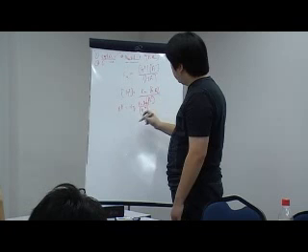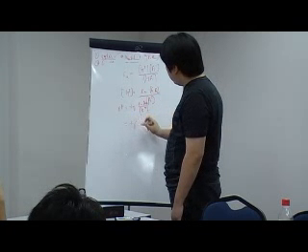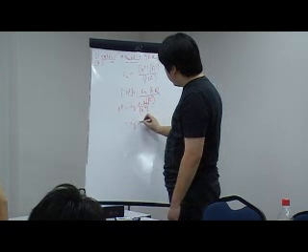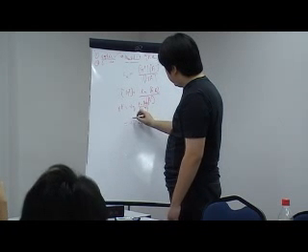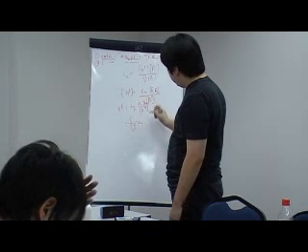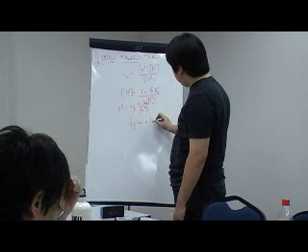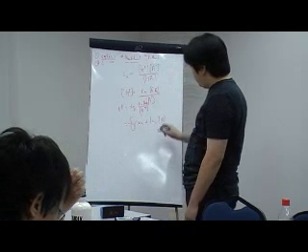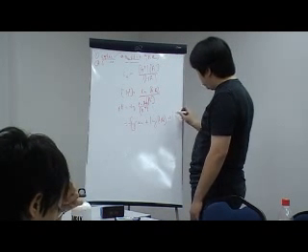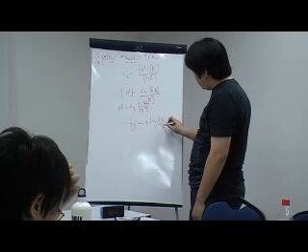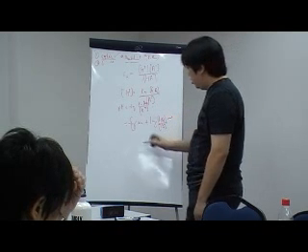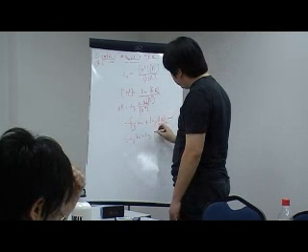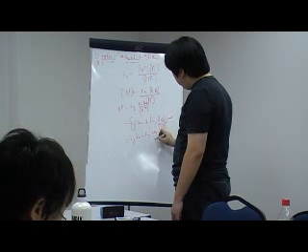Then you use the logarithm rule. This becomes minus log Ka, if you make a big bracket here, minus log HA over A minus.